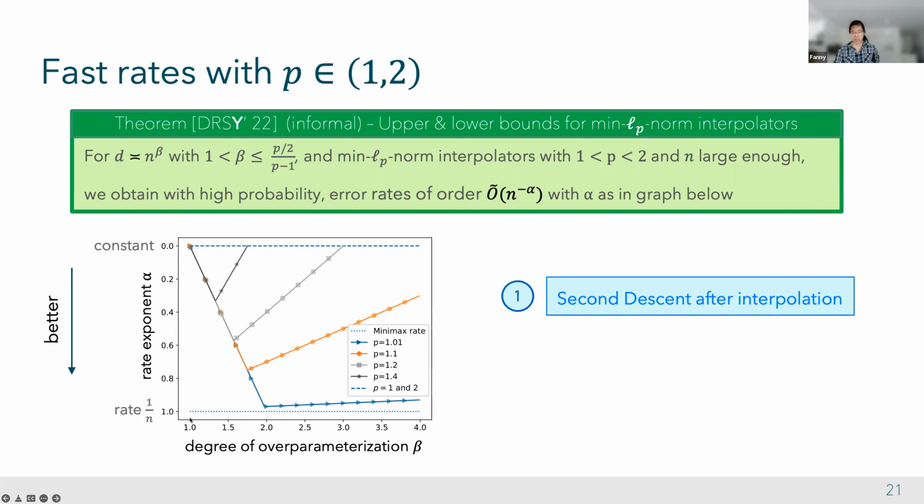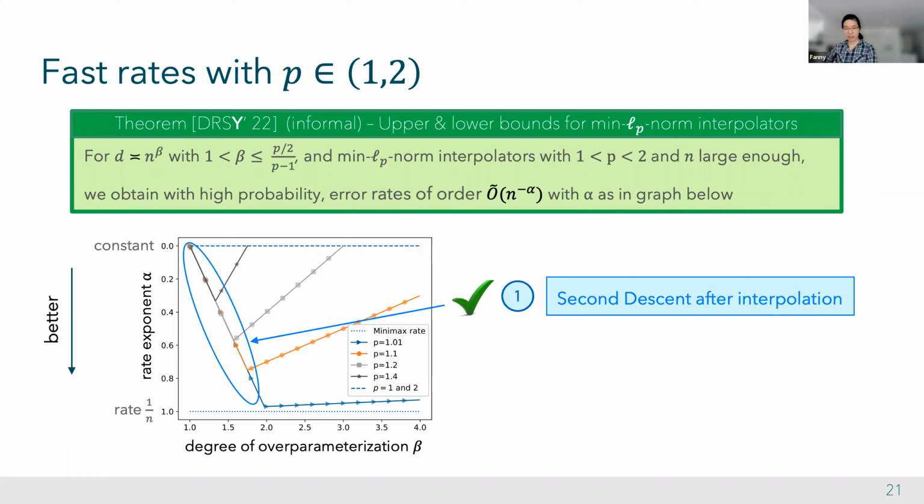And indeed, as you increase overparameterization towards 2, the rate exponent gets larger, α gets larger, and the statistical convergence gets faster. That is if you pick the best interpolator between 1 and 2 in each case. Or in this case, for p very close to 1.01, you get this second descent after interpolation.